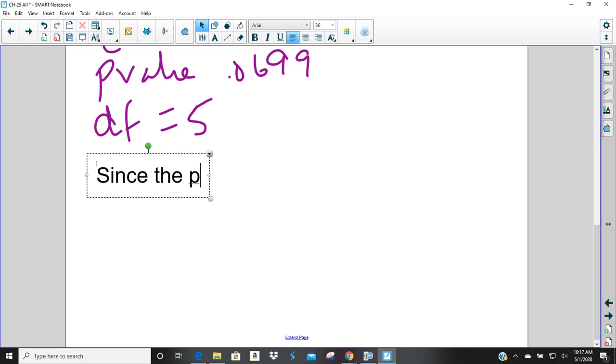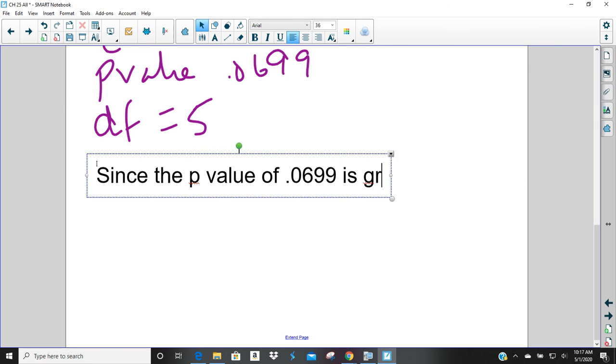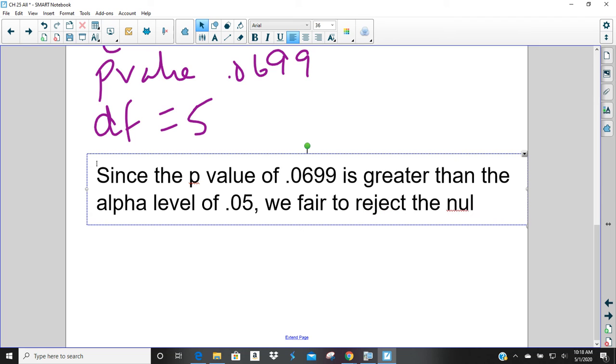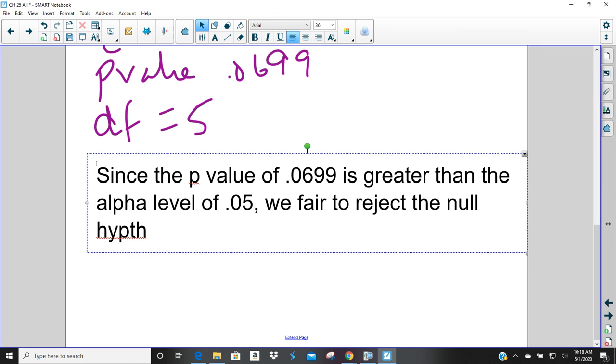Since the p-value of 0.0699 is greater than the alpha level of 0.05, we fail to reject the null hypothesis.